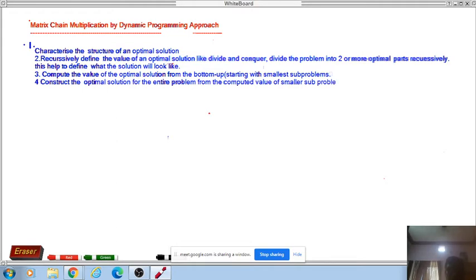This is the approach. Using these techniques, we will follow to solve a particular kind of problem.